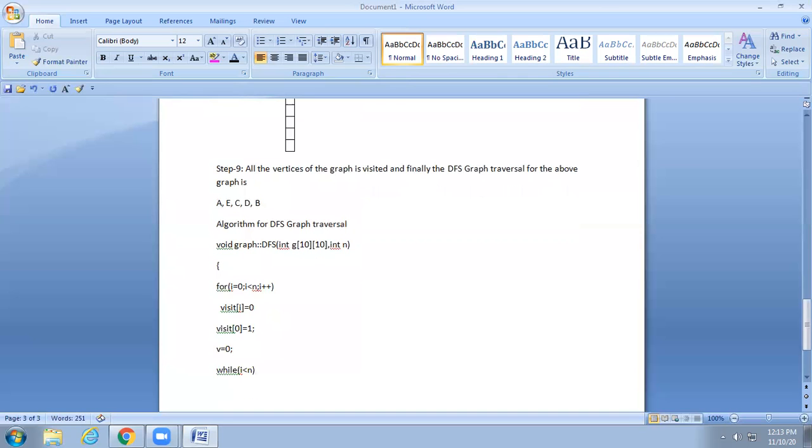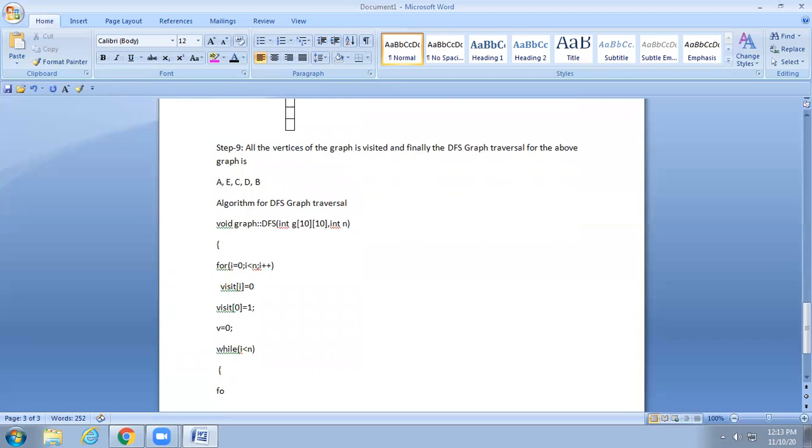That's why while I less than n, so we have for j equal to 0, j less than n, j plus plus. For each vertex, there are n adjacent vertices. That's why for j equal to 0, j less than n, j plus plus.